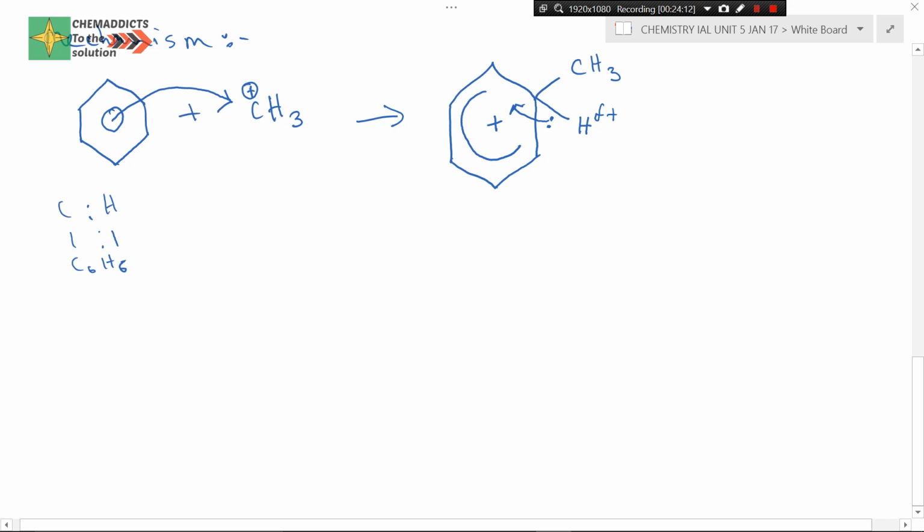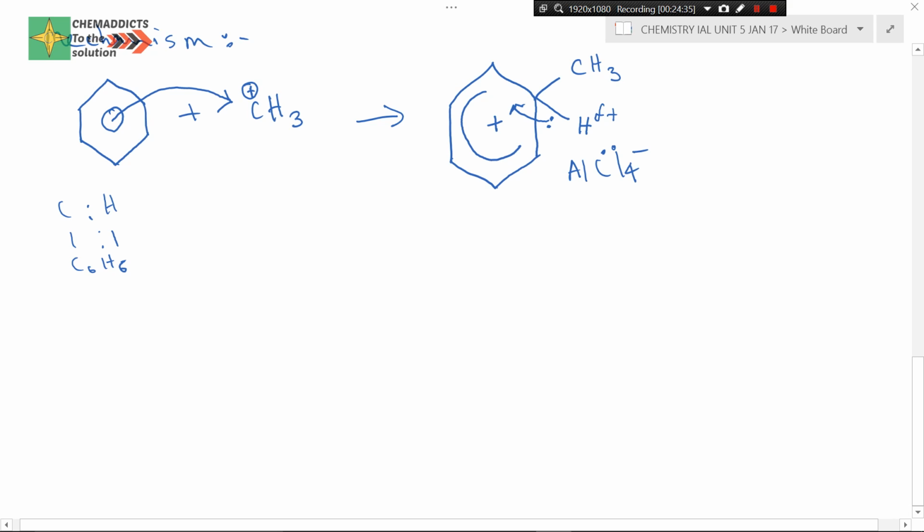susceptible to nucleophilic attack. Here we have a nucleophile called aluminium tetrachloride, which is AlCl4-. Just like in nitration, this chlorine has a pair of electrons.